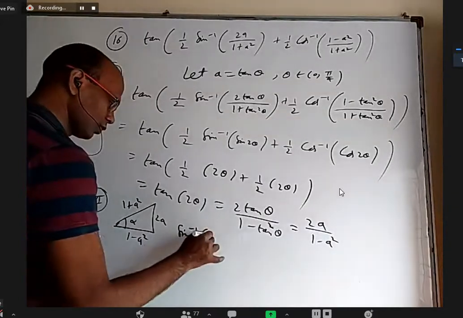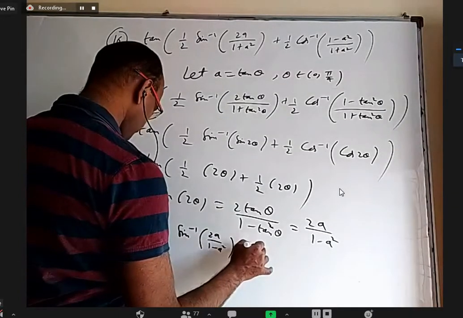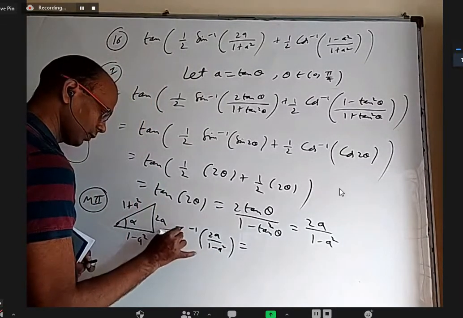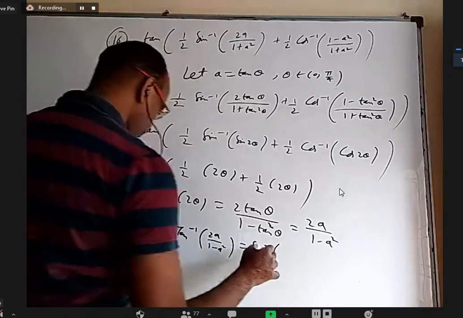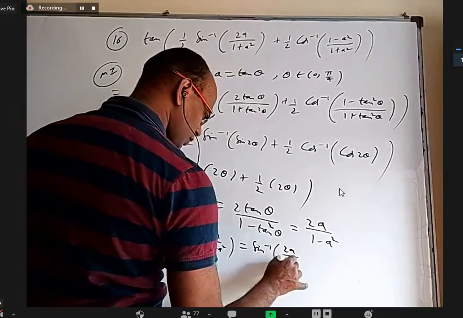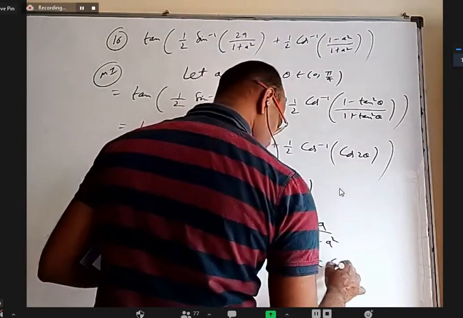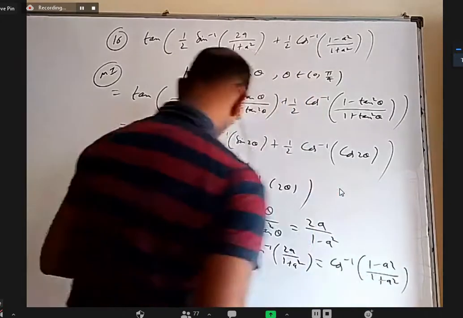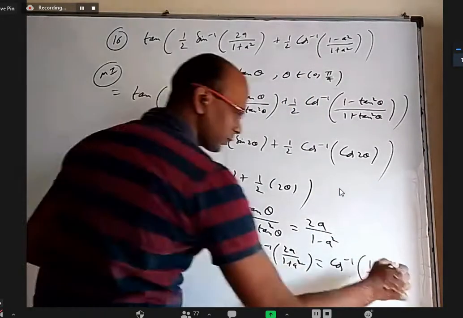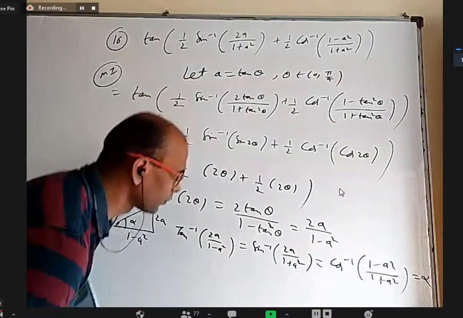Sin inverse 2a by 1 minus a square is the same as tan inverse, is the same as sin inverse 2a by 1 plus a square, which is also the same as cos inverse 1 minus a square by 1 plus a square, and all are equal to alpha from this figure.